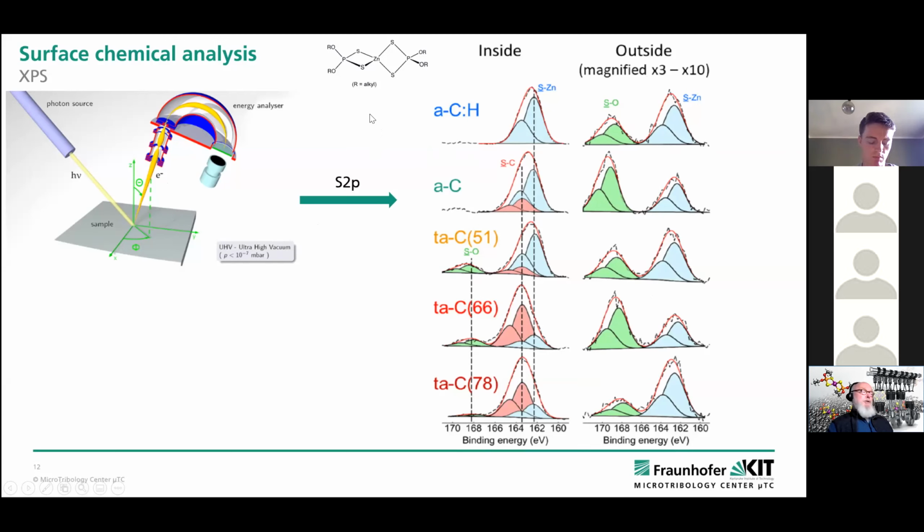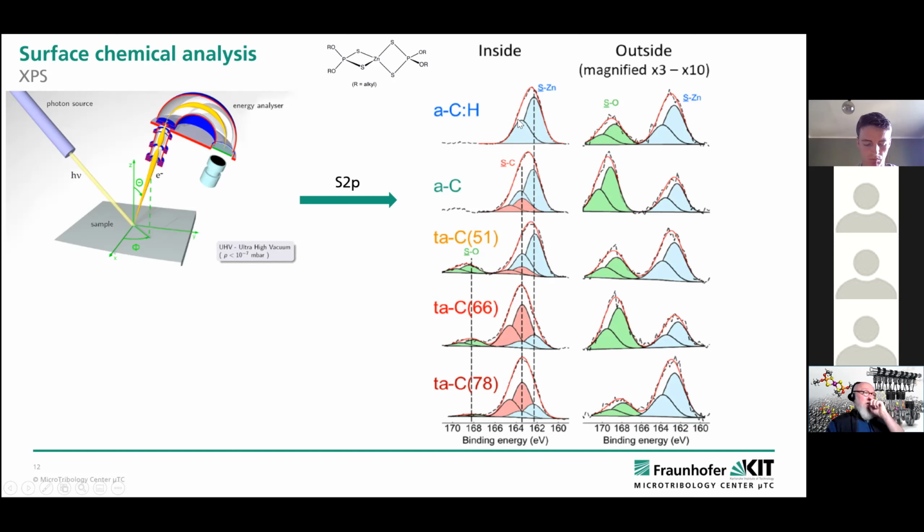And this has to do, of course, with the physisorption of CDDP. So here you have the sulfur zinc and the sulfur oxygen bonds. They might form by tribochemistry on the surface.